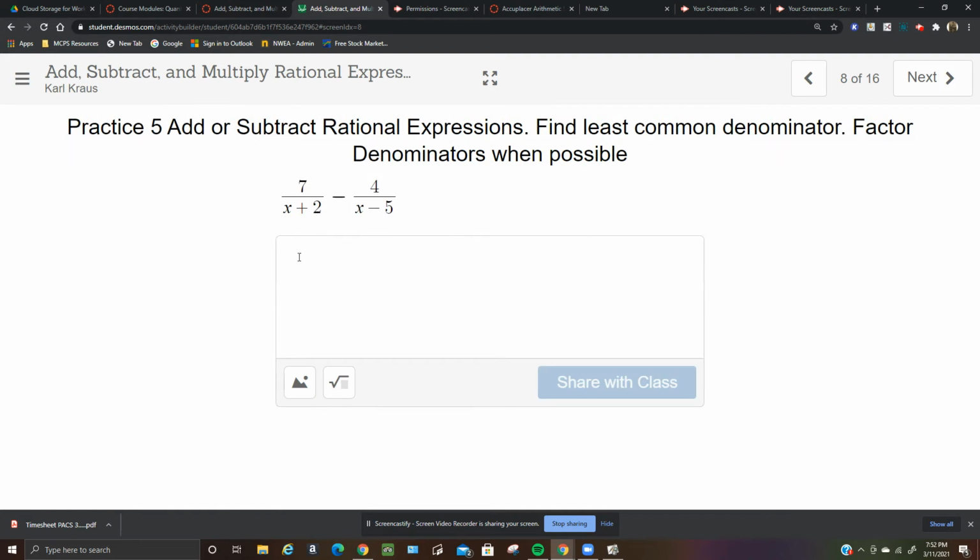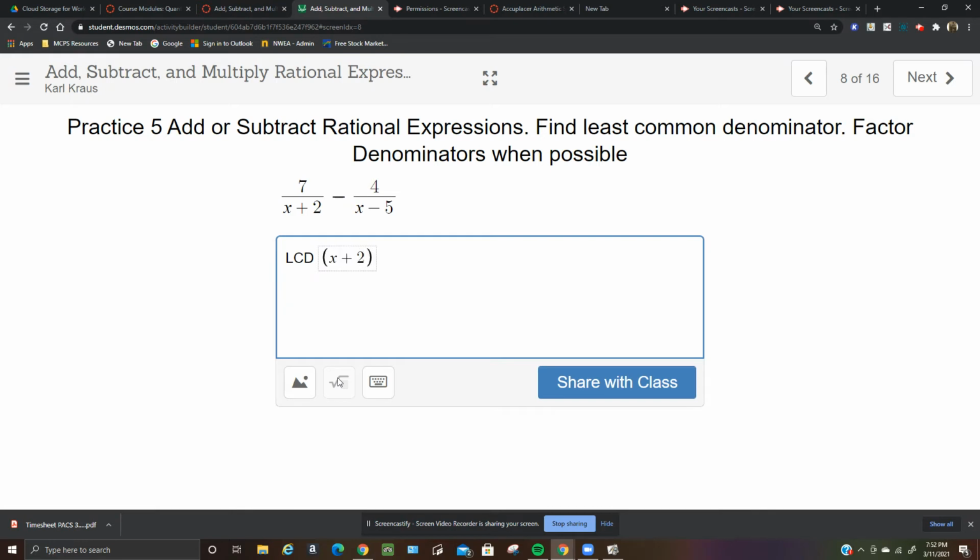And then here, the LCD is just these two multiplied together: x plus 2 times x minus 5.